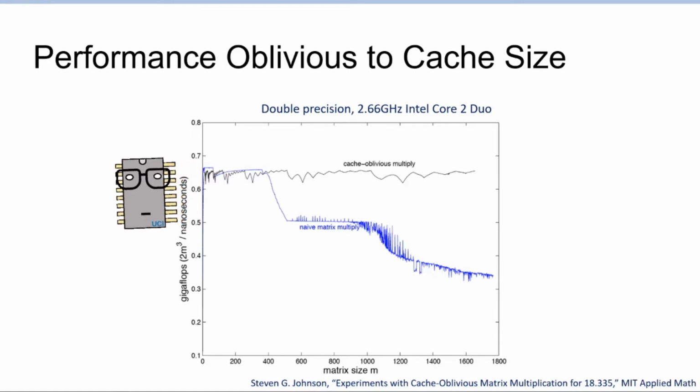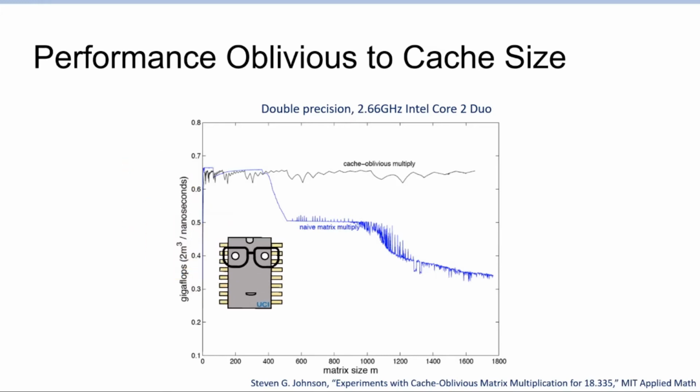That is good, because despite the added overhead of recursive algorithms, even though we can see that it's not very high, the cache oblivious implementation works at pretty much the same speed as the naive implementation.